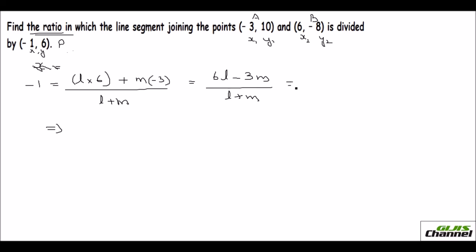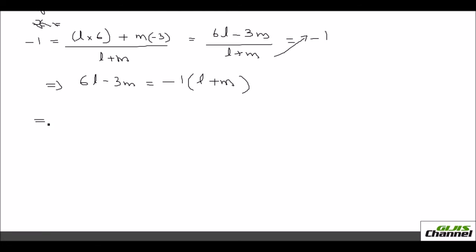You got this as negative 1 here, so I get 6L minus 3M equals minus 1 times L plus M. So that would give you 6L minus 3M equals minus L minus M. Let us take the L's to one side.